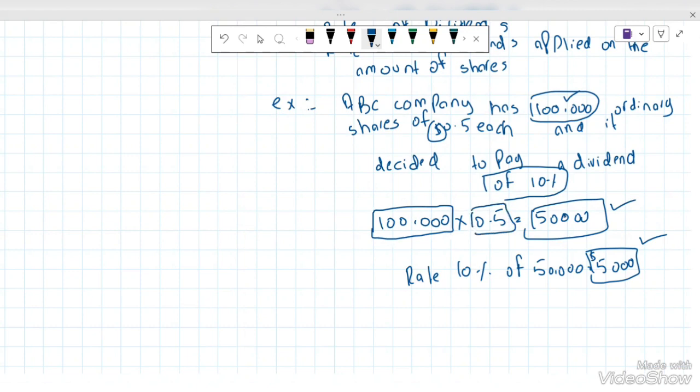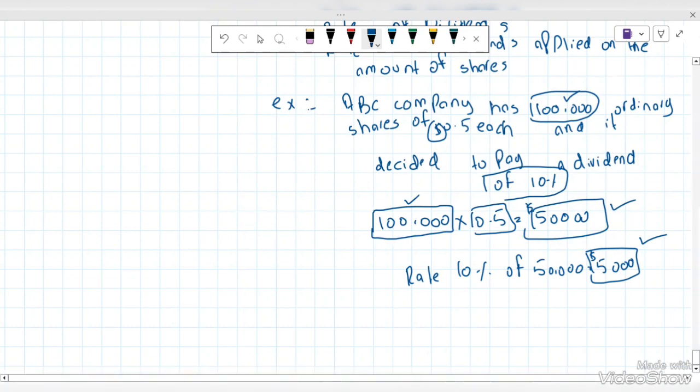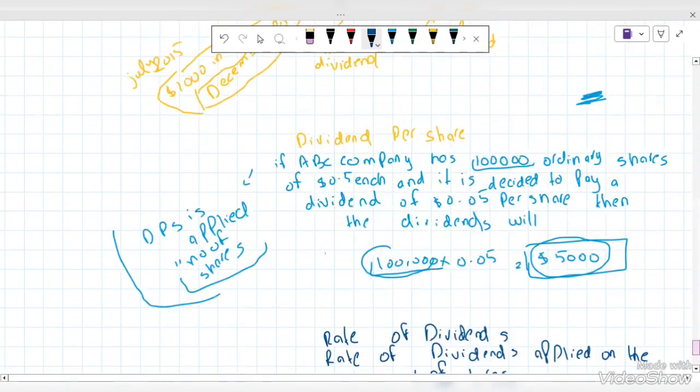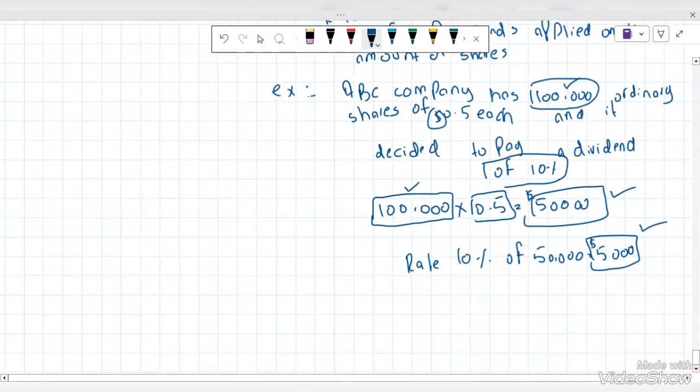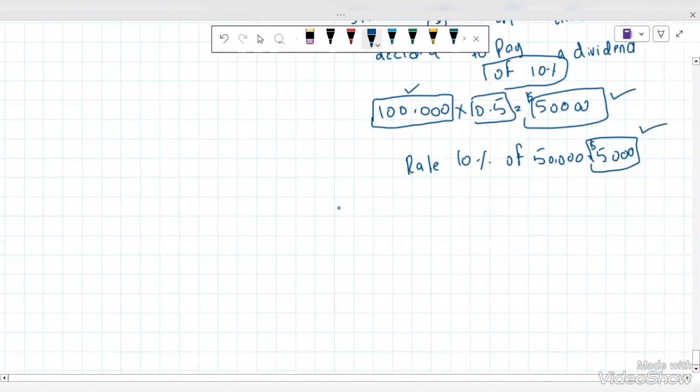If they are successful in selling this amount of shares to the general public, it means that they will get $50,000 and they will pay $5,000 as dividend to the shareholders. Okay. So this is how we can calculate the rate of dividend. And basically these are the two methods of finding the dividends which a company has to pay.